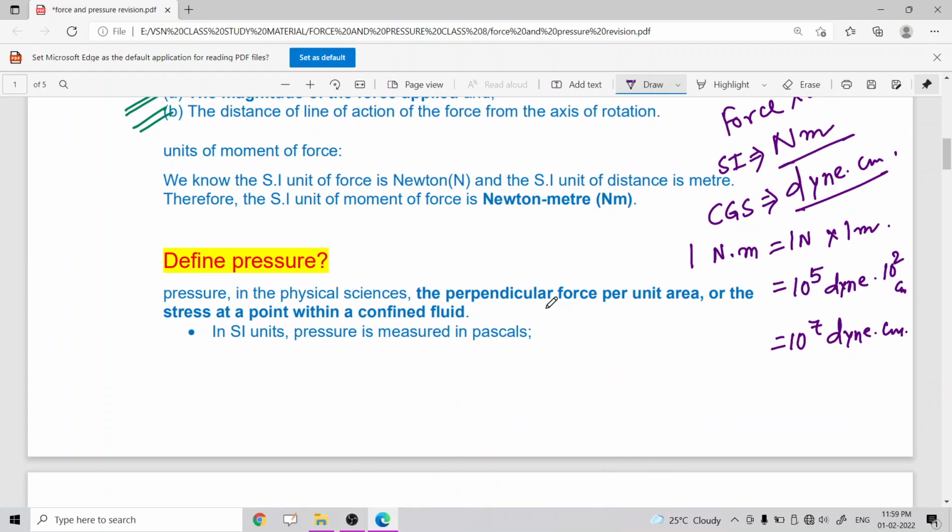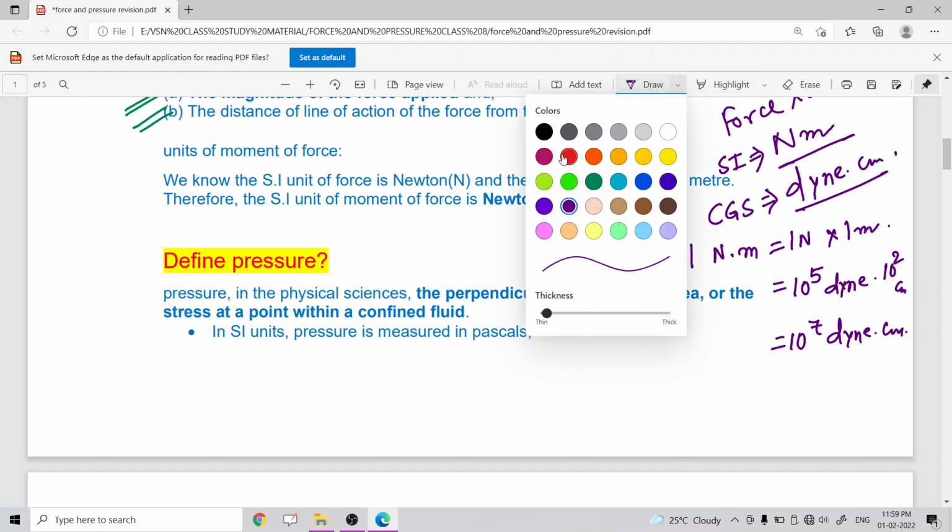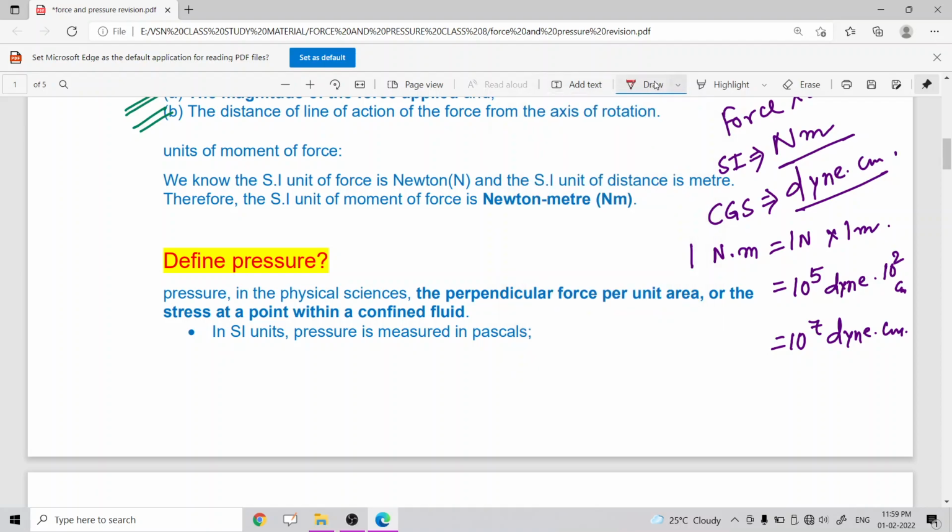Now we move to our next point, that is, what is pressure. First we have to know the definition. Simply, you can say it is the perpendicular force per unit area, or the stress at a point within a confined fluid.